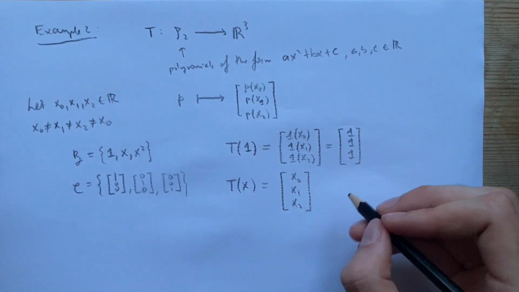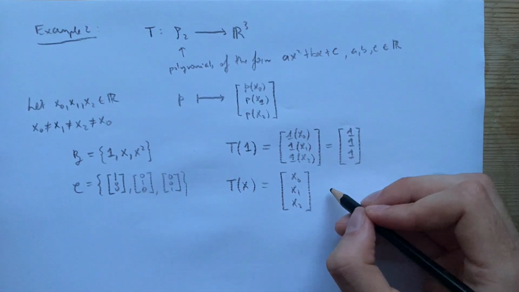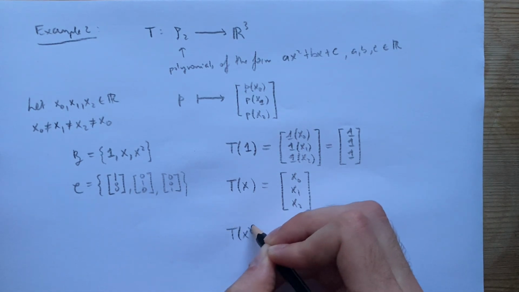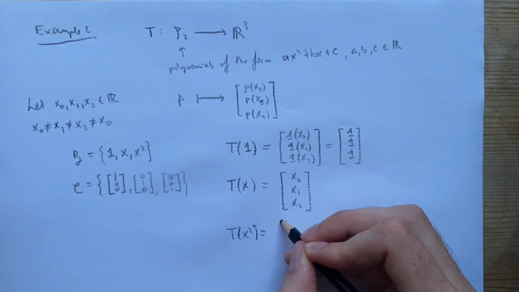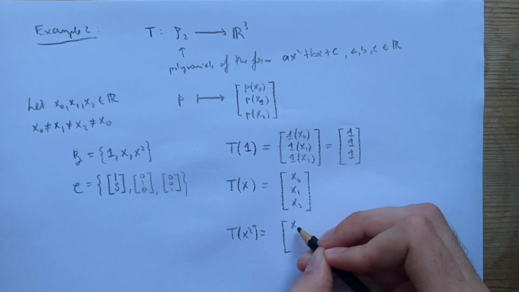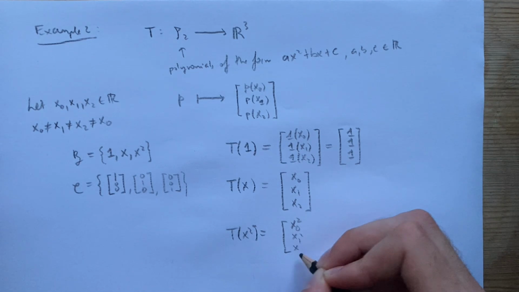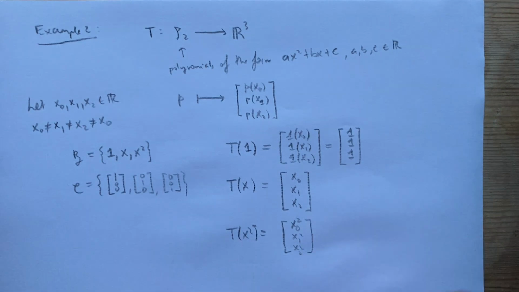Finally, if we take the image of the third basis vector, you evaluate the polynomial x squared at x0, x1, and x2.